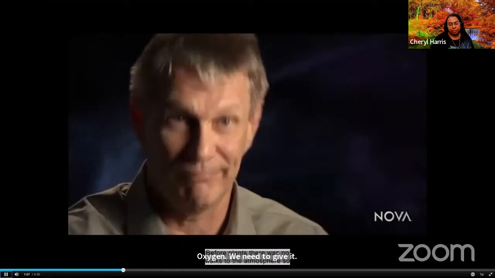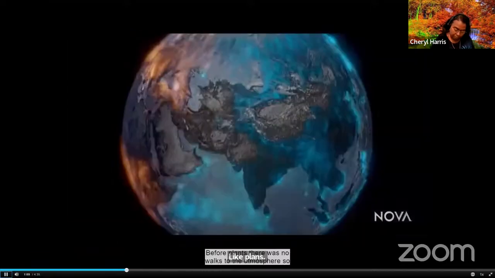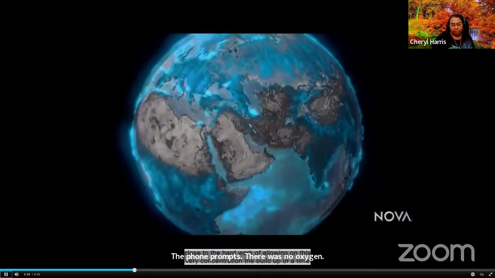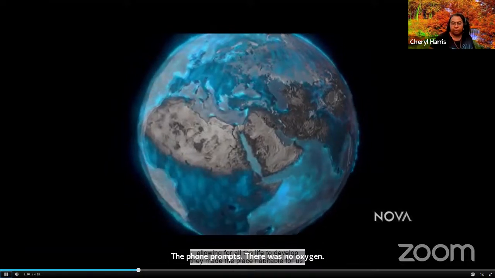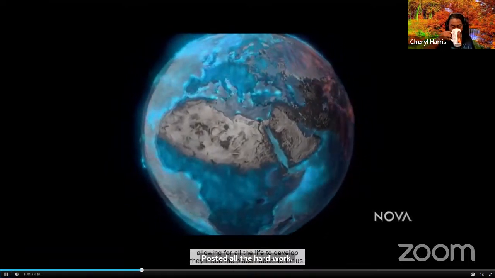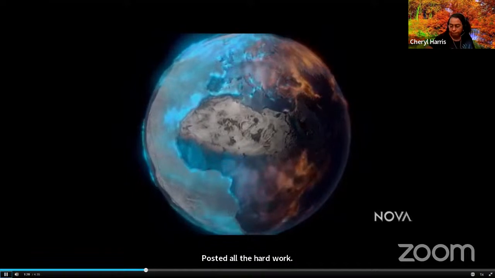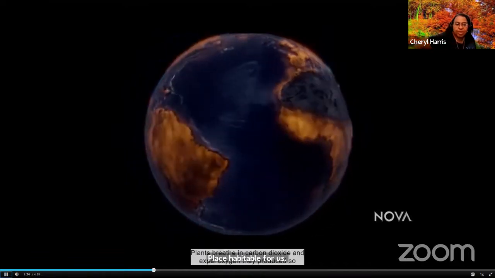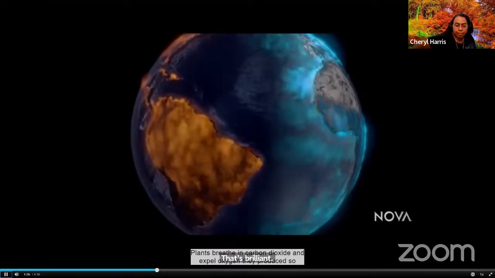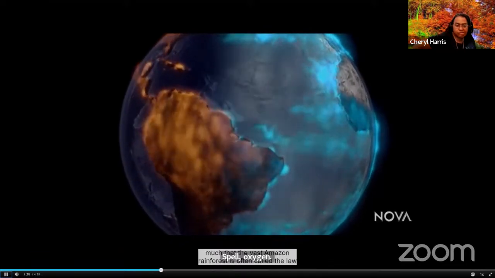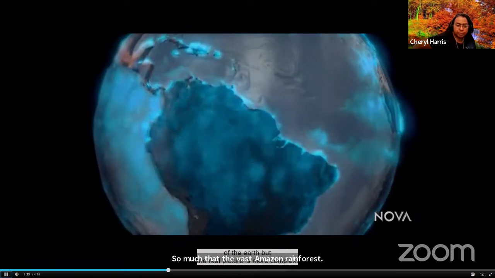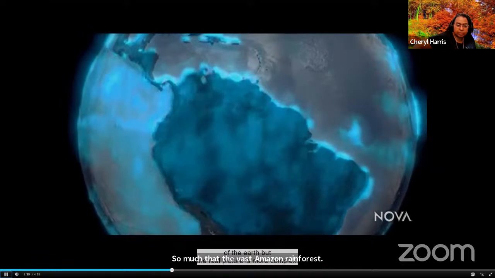Before plants, there was no oxygen in the atmosphere. So plants did all the hard work of allowing atmospheric concentration to build up over time, allowing all our life to develop. They made the place habitable for us. Plants breathe in carbon dioxide and expel oxygen. They produce so much that the vast Amazon rainforest is often called the lungs of the Earth. But the real picture is more complex.